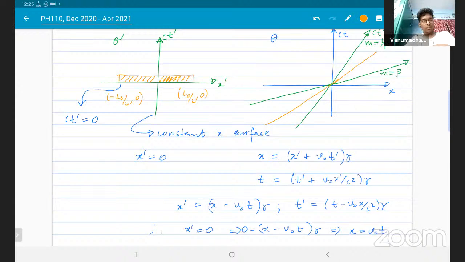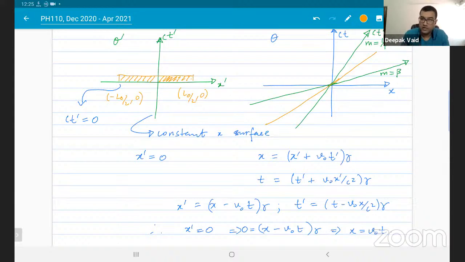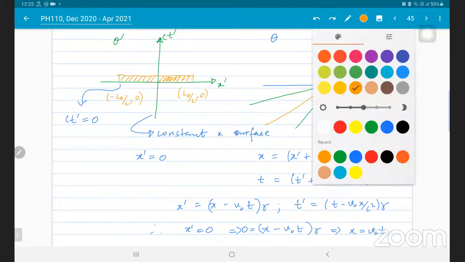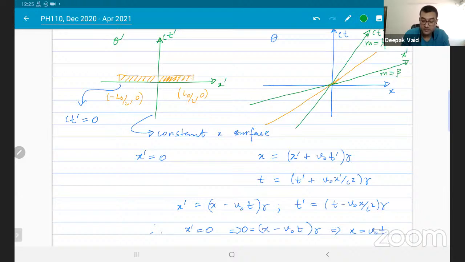Smaller rod, sir. Well, I'm not saying smaller or larger, we'll see in a second. But for the time being, let me just look at how to draw it in this picture, right? Now, in this picture, the x prime axis is this line, right? So the rod lies on this line.